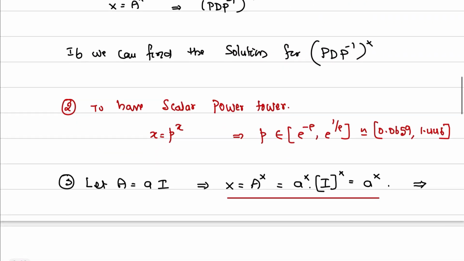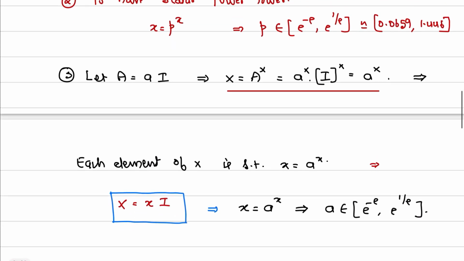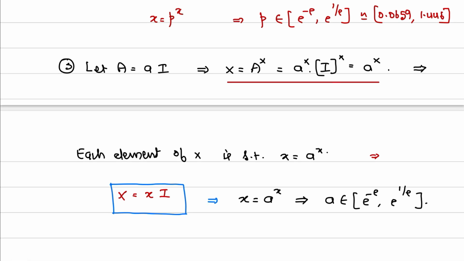That is 0.0657659 and 1.446. What is the value in between them? We can take a value between e to the power of minus e and e to the power of 1 by e.